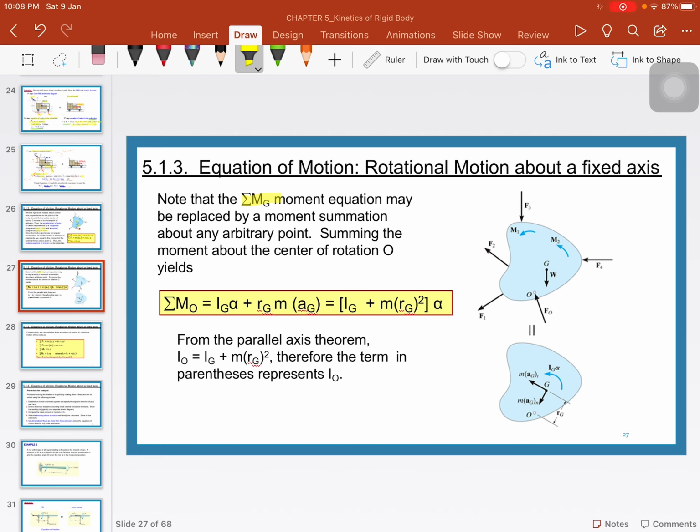This is from the parallel axis theorem: IO equals IG plus M RG squared. Therefore, the term in parentheses represents IO.